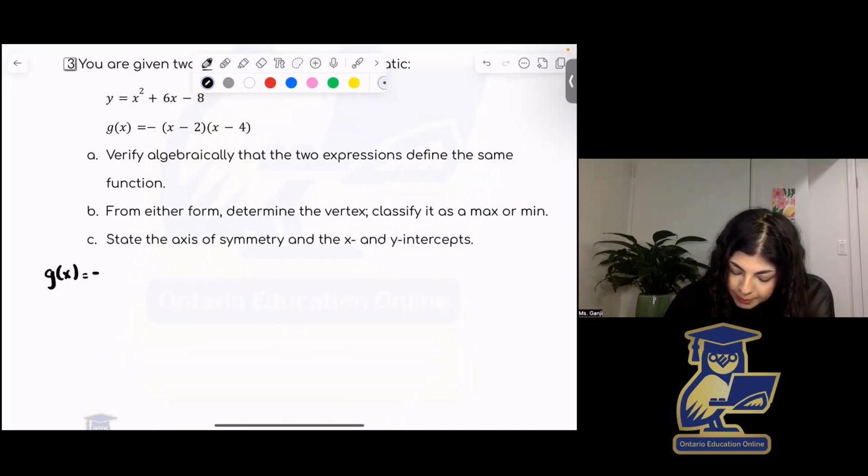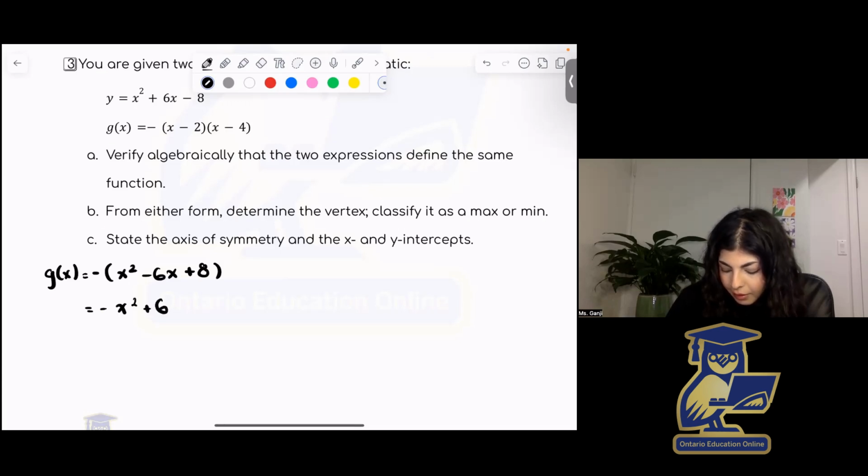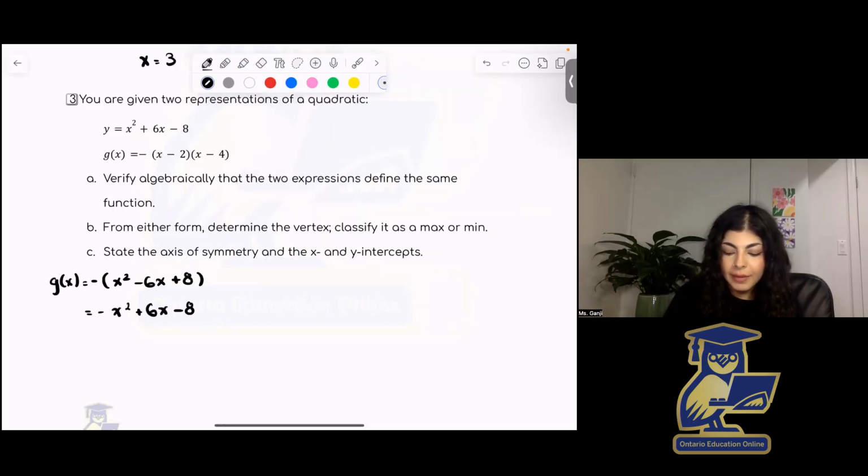So I'm just going to use the FOIL method to expand the two brackets first, and then I will multiply that through.